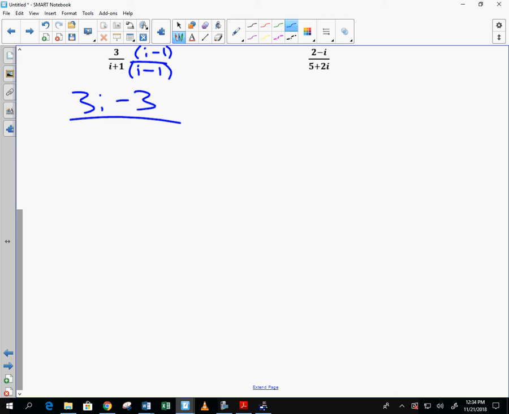So now I multiply the bottoms, i times i, or -1. Do I have to figure out the middles? Because they cancel. And then I have 1 times -1 is -1. So we get 3i minus 3 over -2. That is currently not in the form a plus bi, is it?